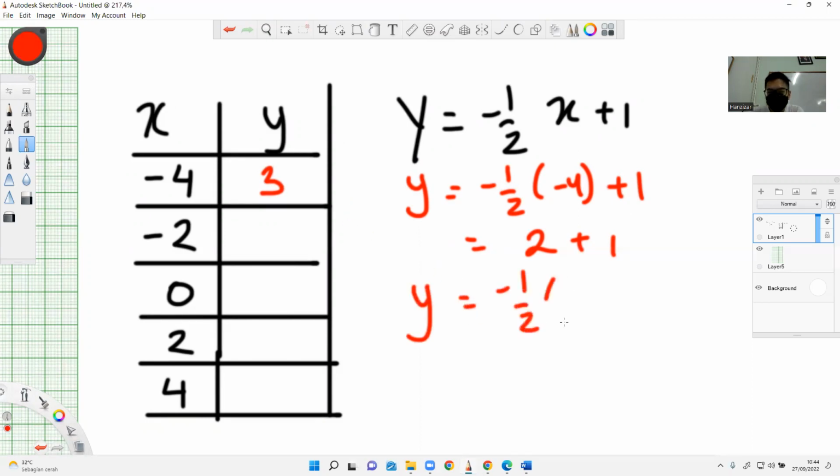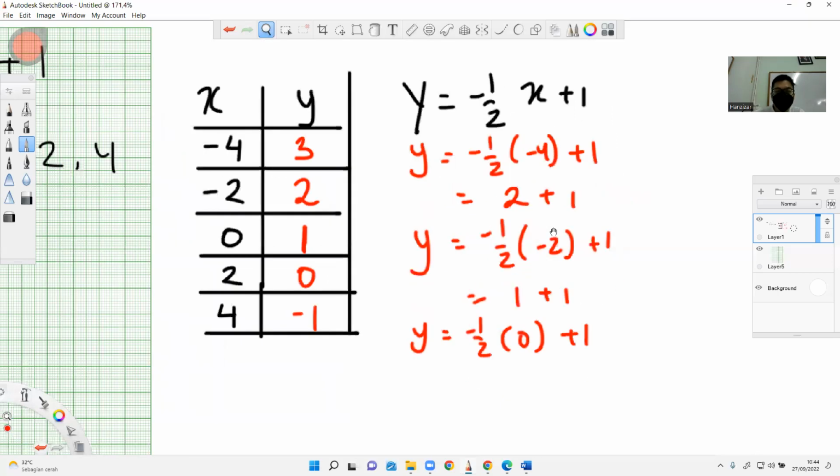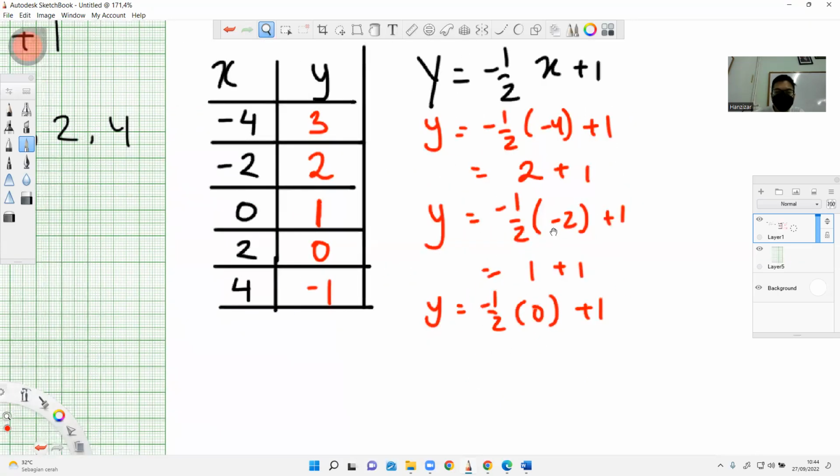Negative 1 over 2 times negative 2 plus 1: 1 plus 1, 2. And then 1, 0, negative 1, right? If you doubt or think it might be wrong, you can put y equals negative 1 over 2 times 0 plus 1, 1, right? And then you can put on and on after you get the idea here.